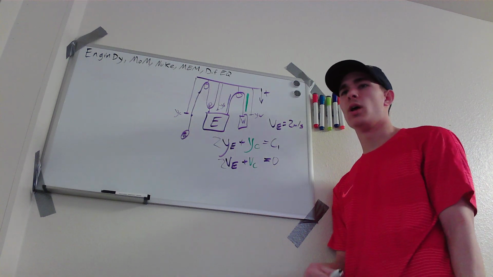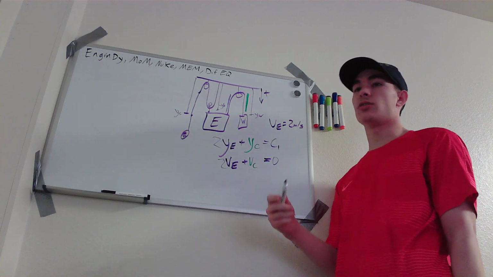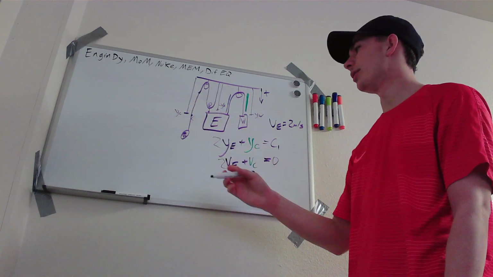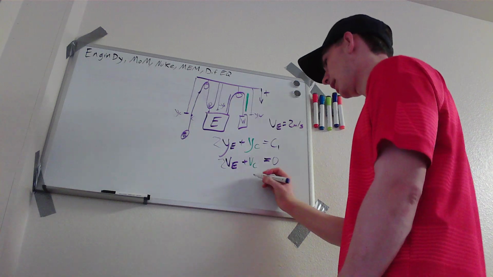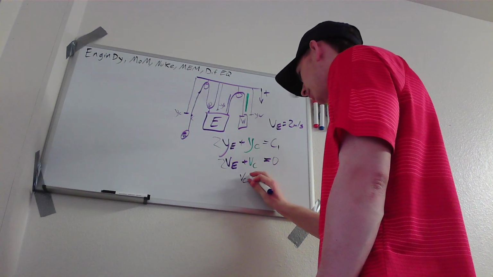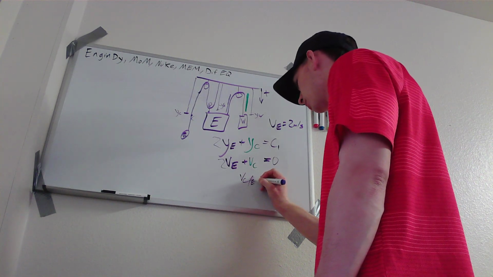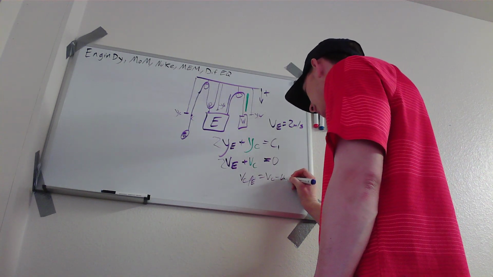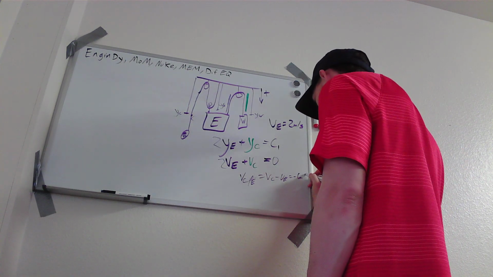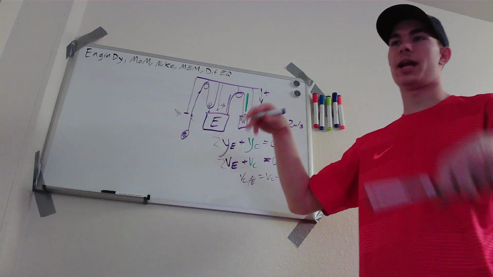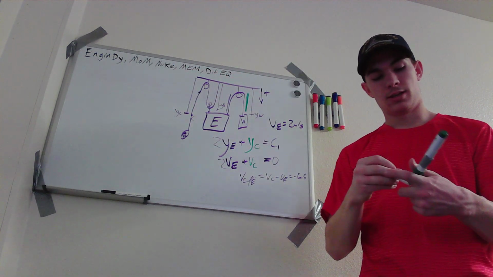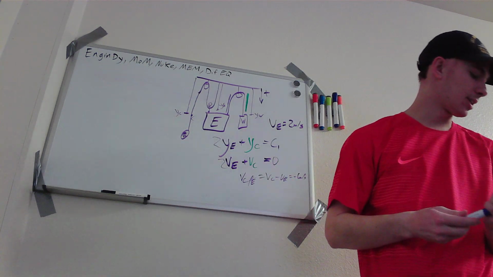If you want to know its relative velocity to something else, the relative velocity of point C to the elevator, you will take VC over VE, which is equal to VC minus VE, which will be -6 meters per second. So if you're on the elevator and you can see out, this cable will be going by you at 6 meters per second. That's all it is. That's engineering dynamics.